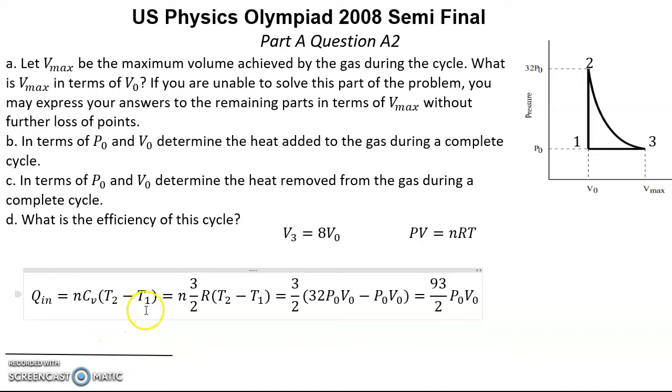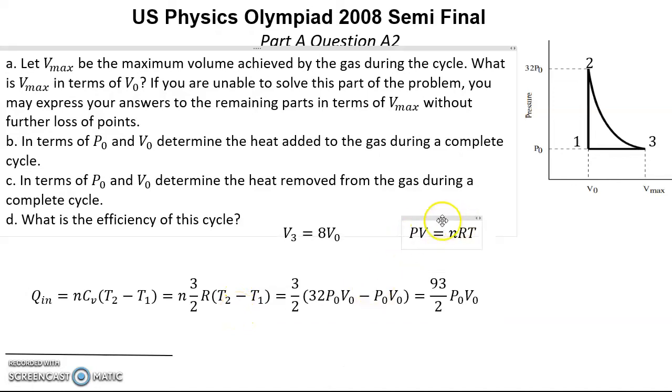We can rewrite this as n multiplied by 3/2 R, where 3/2 R is the heat capacity at constant volume, multiplied by T2 minus T1.